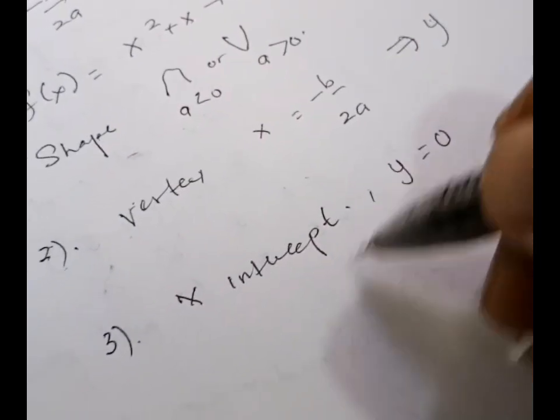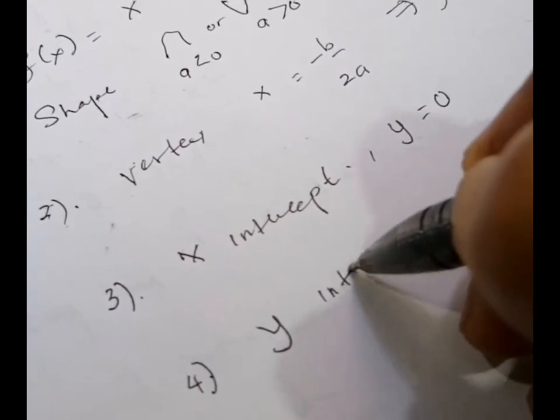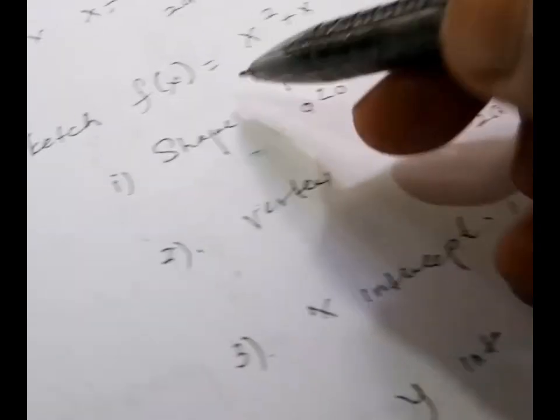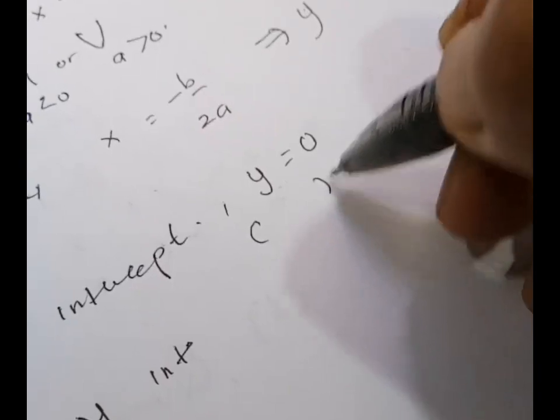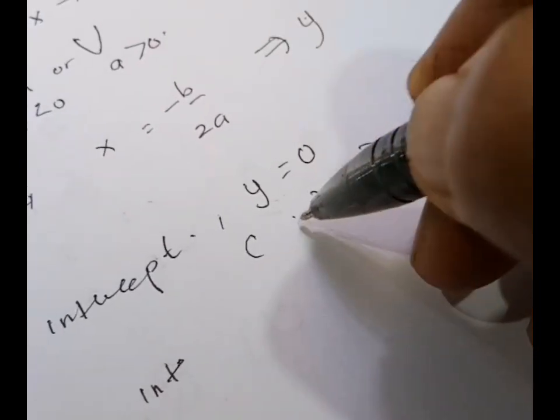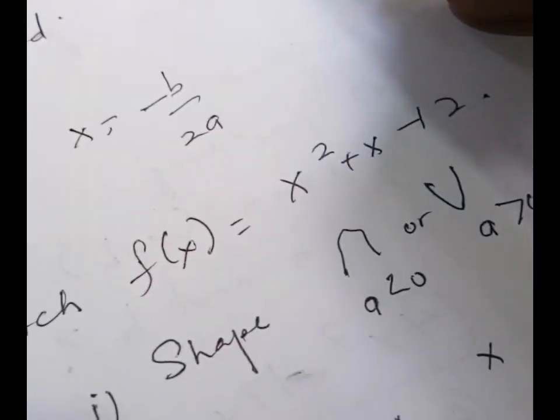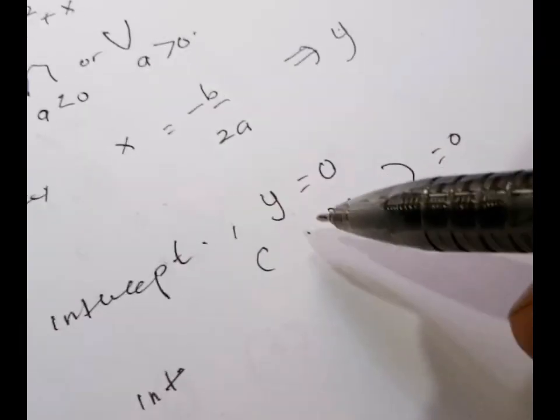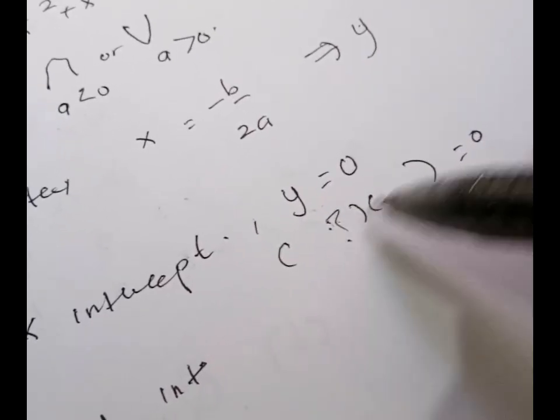Fourth, get the y-intercept. For the x-intercept, when y is 0, you need to factorize. Use the factorizing method and get 2 points, 2 values of x, the roots.